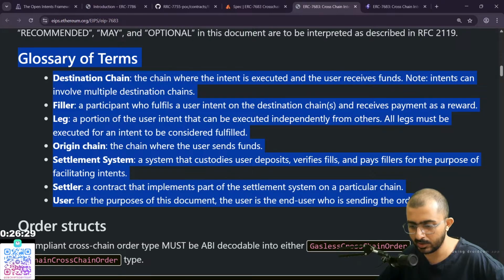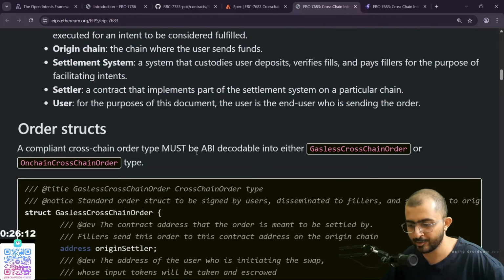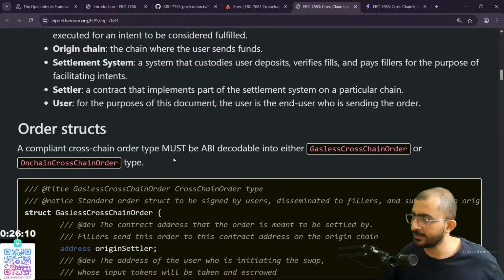A settler, a contract that implements part of the settlement system on a particular chain. User, for purposes of this document, the user is the end user who is sending the order or creating the intent, as you say. Okay.